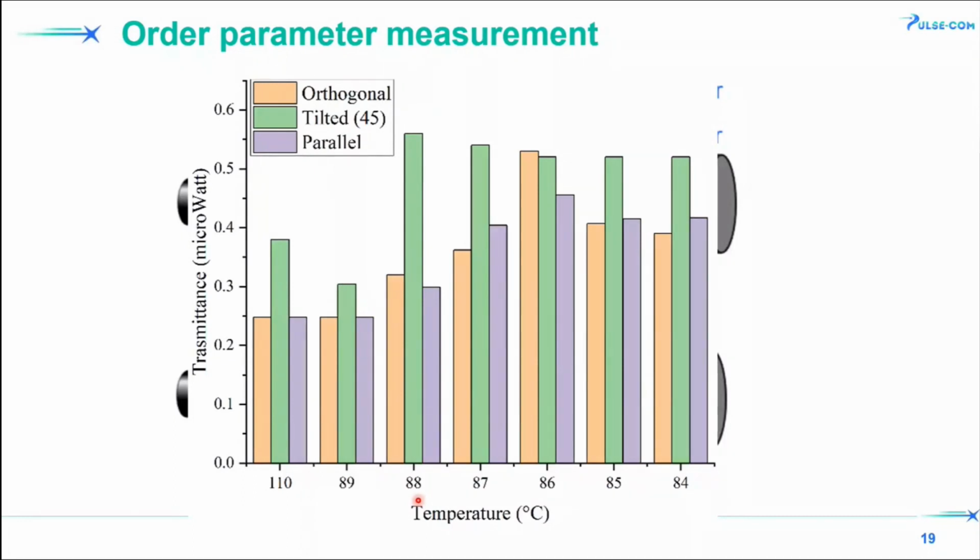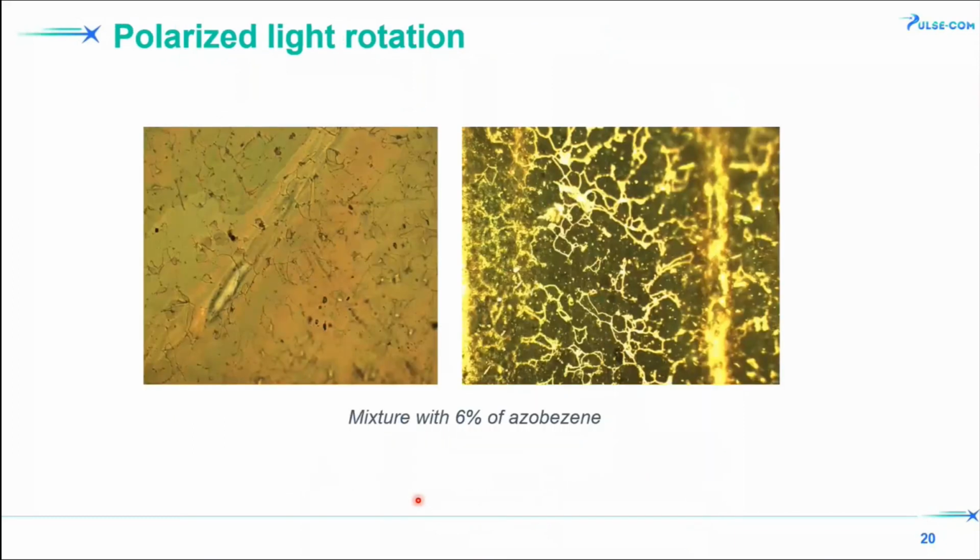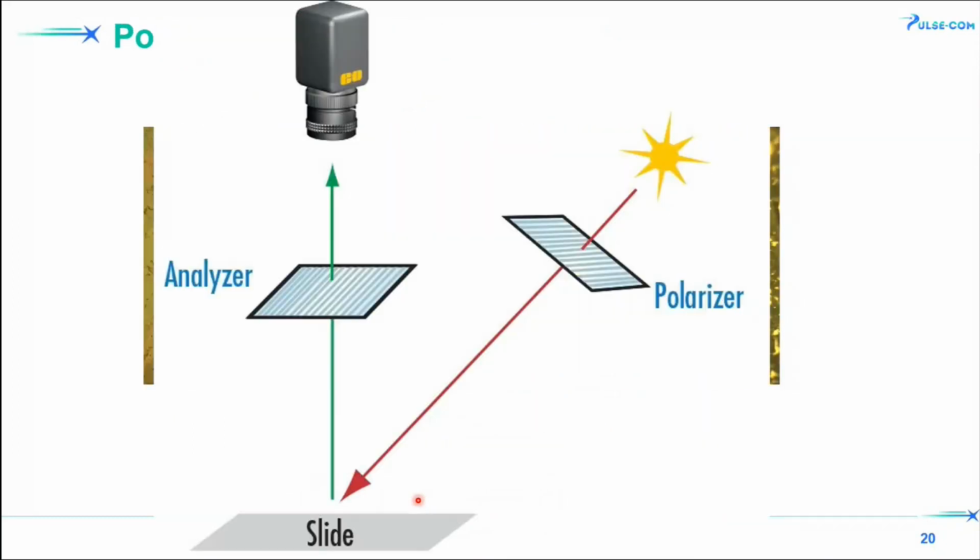At this point, of course, you prepare your mixture with the initiator and you polymerize it. And you have different possibilities to characterize it, to understand if your material is good. Of course, you can let it move and see if it moves, or see if it is able to rotate the polarized light. So after the polymerization, you can be sure that even though you applied energy to it, the liquid crystals are still in a nematic condition.